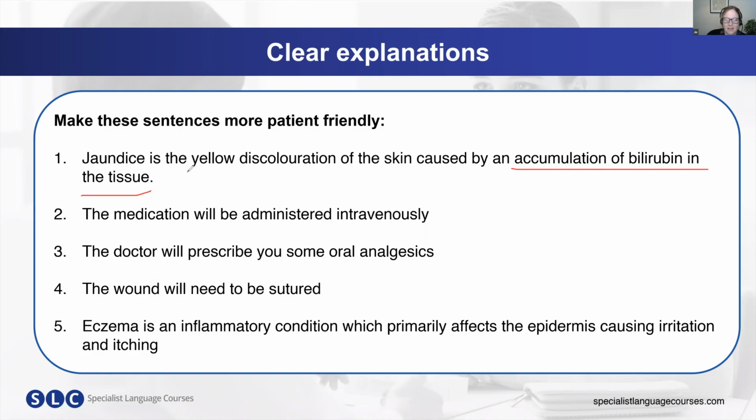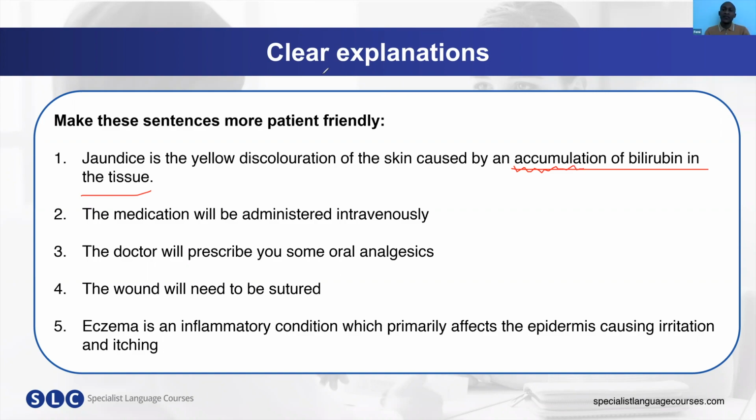Now, it's quite hard to understand from a patient perspective. How might you change that, Femi, to be a little bit more patient-friendly or easier to understand? Could you think of another way of saying accumulation, for example?